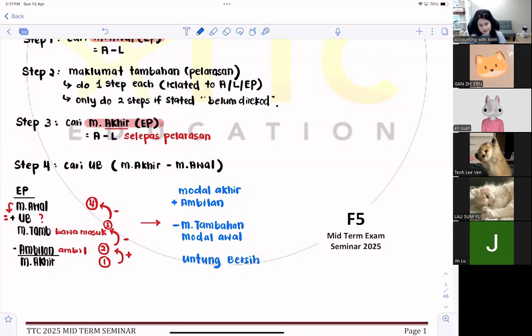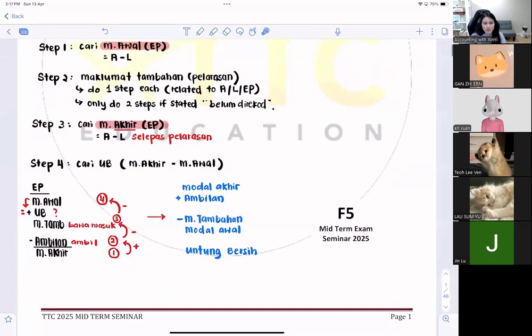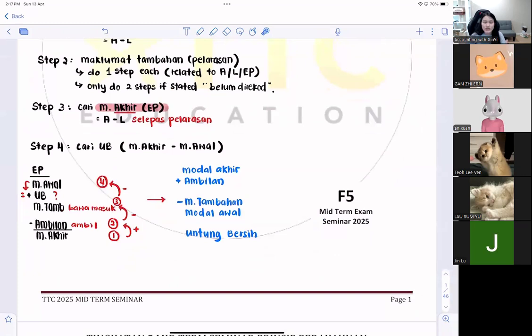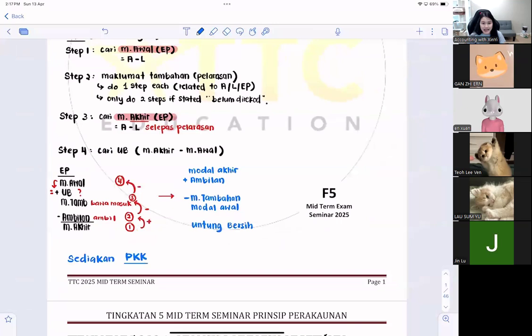Okay, so that is the final step. So once you have finished up, you found your untung bersih already, then they will make you write your answers into PKK. So you only do one format of the penyata kewangan. Sediakan penyata kedudukan kewangan. Alright, so this is for kaedah perbandingan.